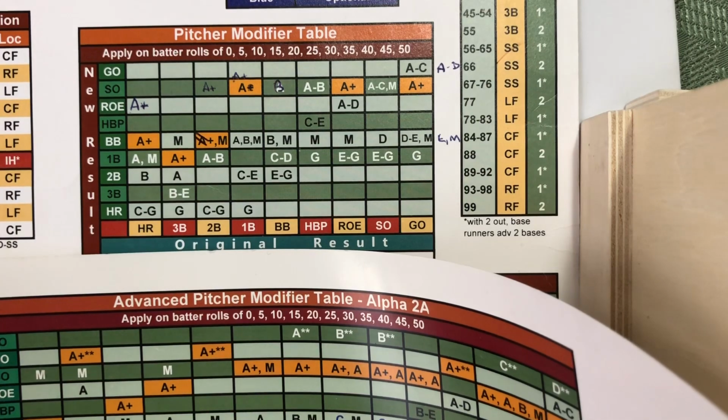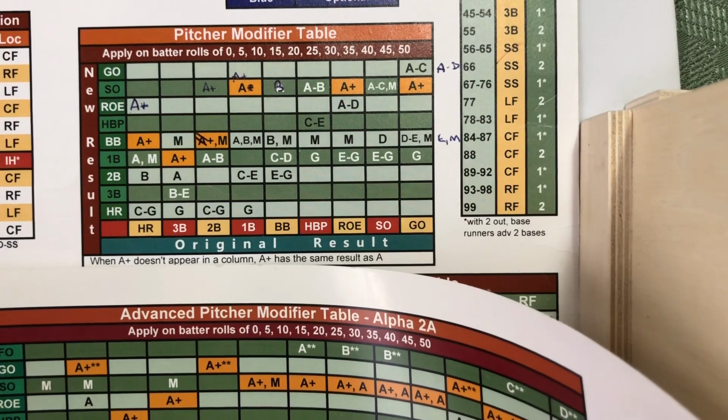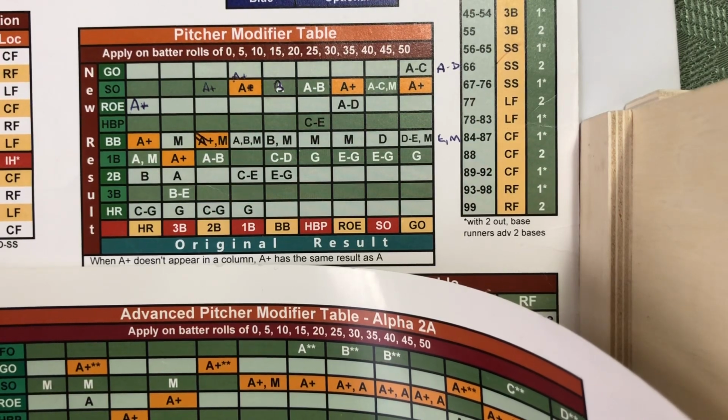In fact, I think it's fair to say every pitcher on every letter grade except G is a little bit better on the advanced table. The G's stay the same. The E's are a little bit better, but pretty much the same. Yeah, the E's are the same too.